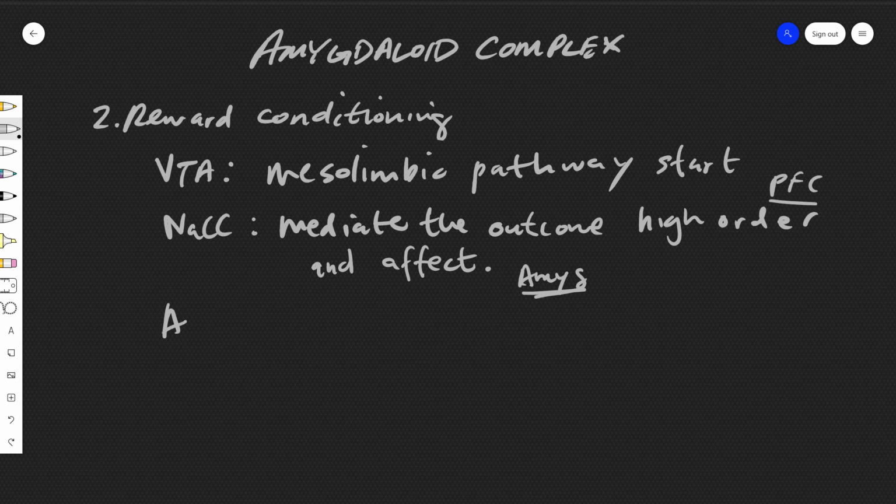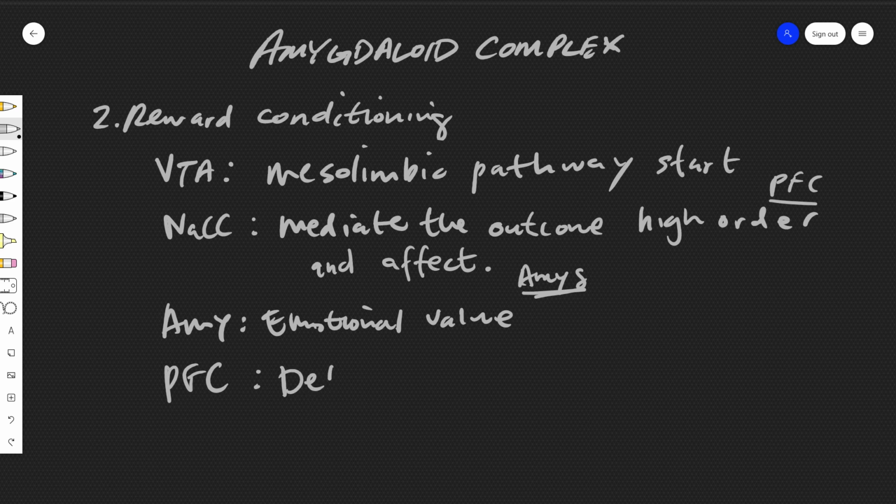The amygdala is going to establish the emotional value. And the prefrontal cortex is going to determine actionable outcomes. Determine action.